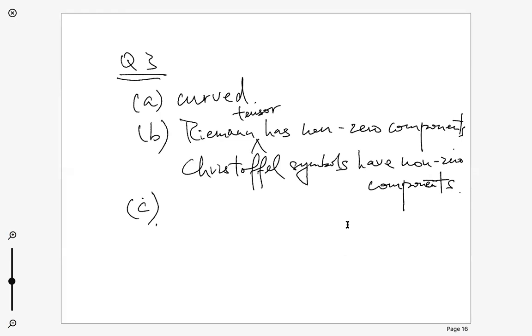Let's do the metric first. Can anybody quickly share what is the line element of the sphere?